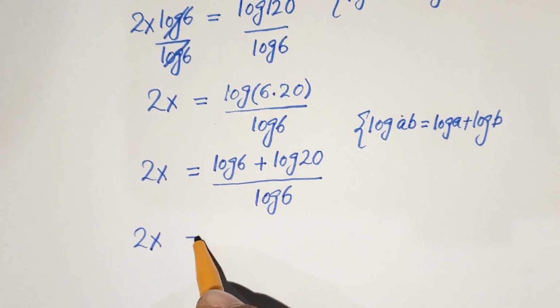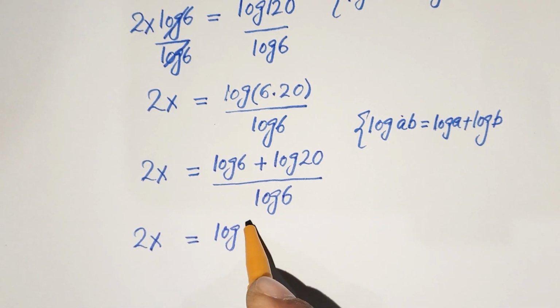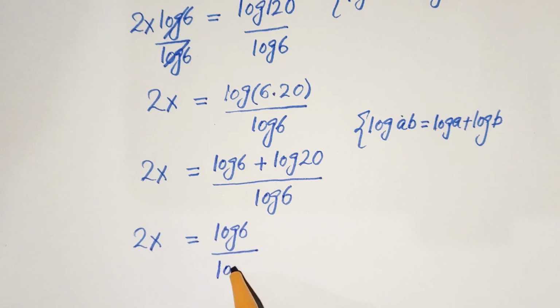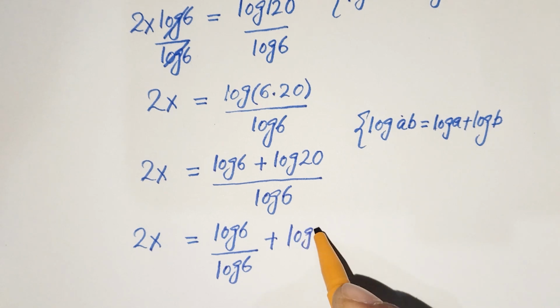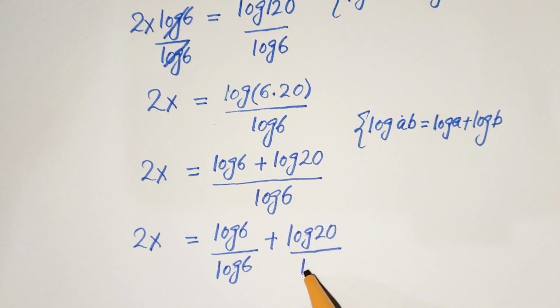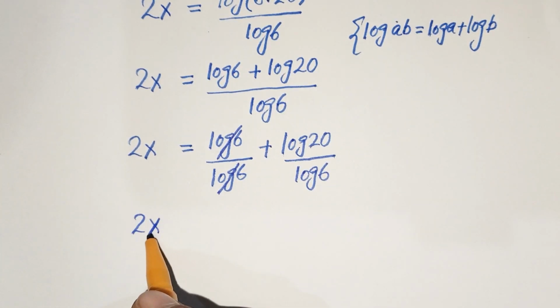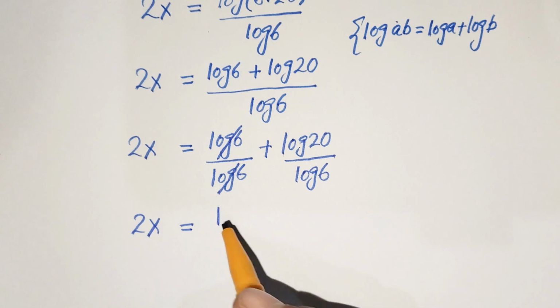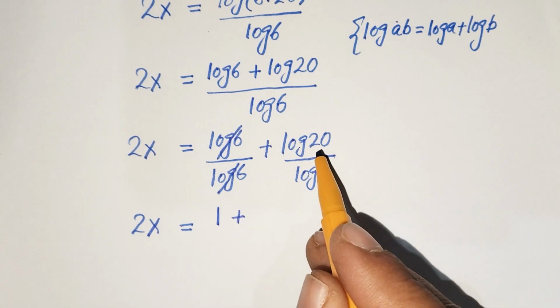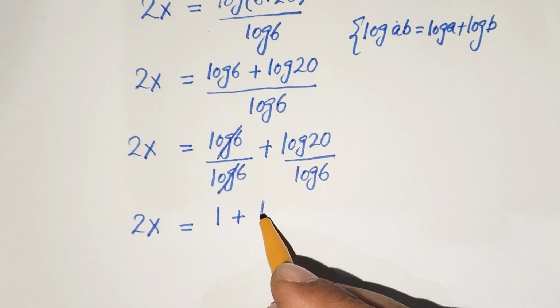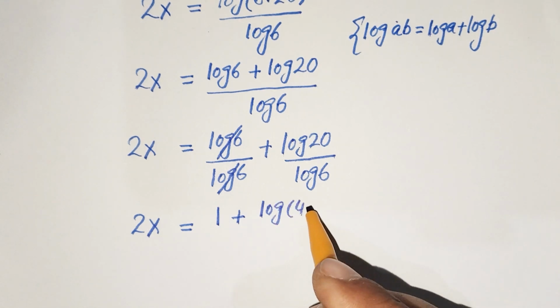Then we get log 6 over log 6, and similarly log 20 over log 6. So cancelling log 6 with log 6, we get 2x is equal to 1 plus log 20 over log 6, and log 20 can be written as log of 4 times 5.